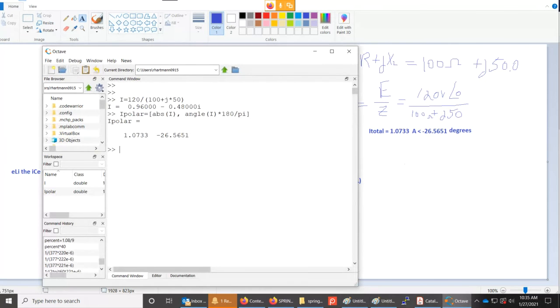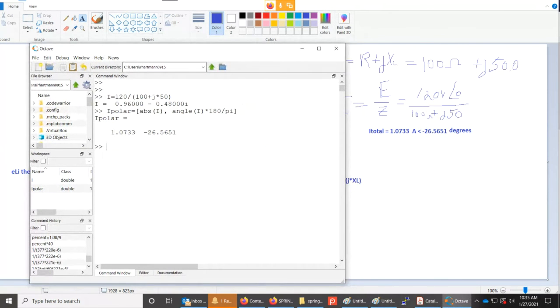Now if we go back here, I can punch that in the calculator, and I can say VR is equal to I times my resistance, which was 100. And then I could do VR underscore polar, hit the up arrow key, and I'll recall that, and that'll give me that angle.